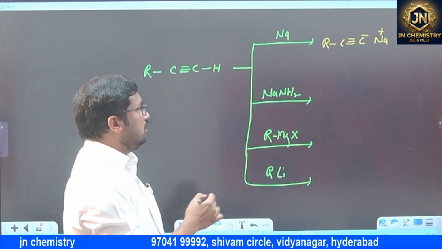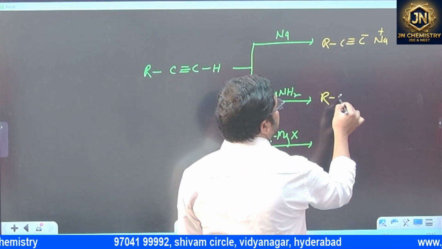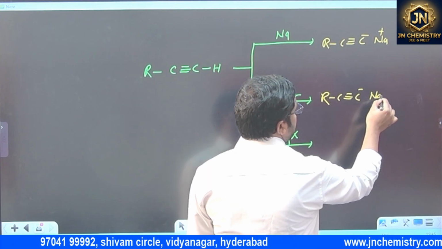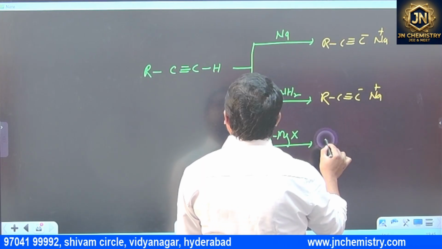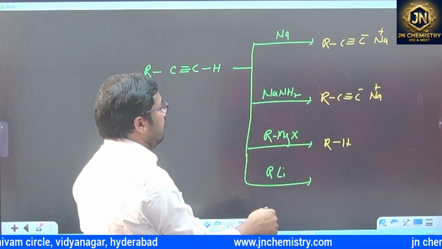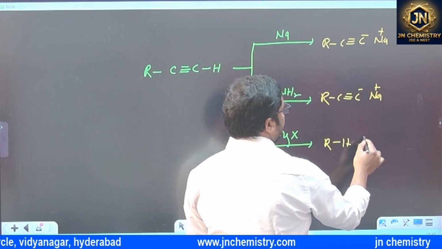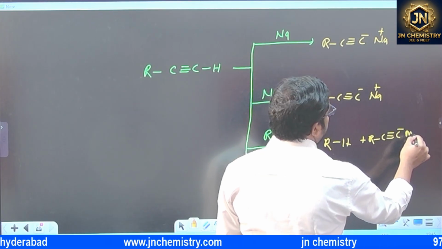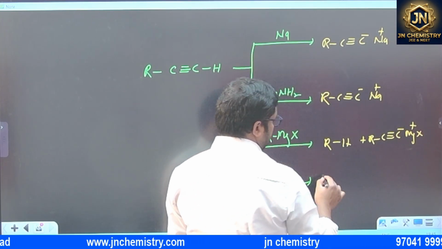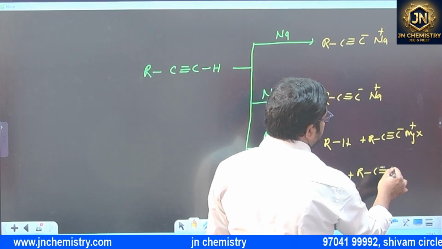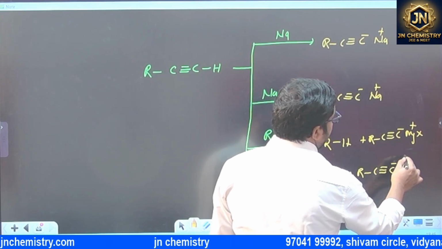Then here is also the same: R C triple bond C minus Na plus, here is RH. The remaining product is the same, we know: RC triple bond C minus MgX plus. Here is also alkane plus RC triple bond C minus Li plus.